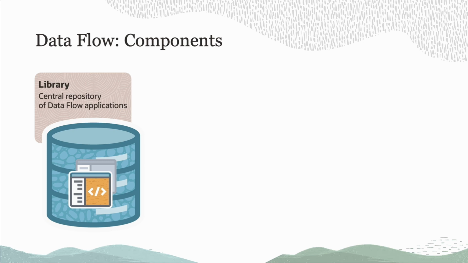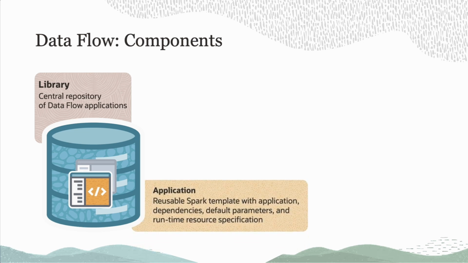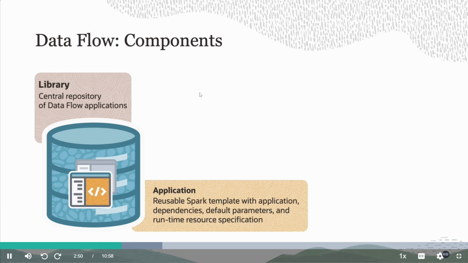Anyone can browse, search, and execute applications published to the library if they have the correct permission in the Dataflow system, of course. An application is an infinitely reusable Spark application template that consists of a Spark application, its dependencies, default parameters, and a default runtime resource specification. Once the developer creates a Dataflow application, anyone can use it without worrying about the complexities of deploying it, setting it up, or running it.